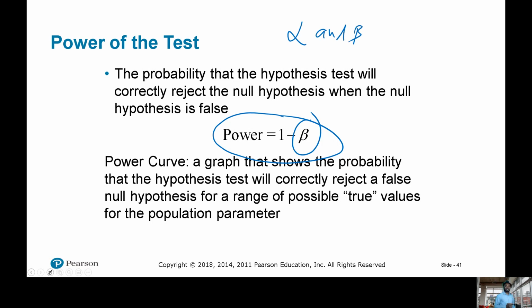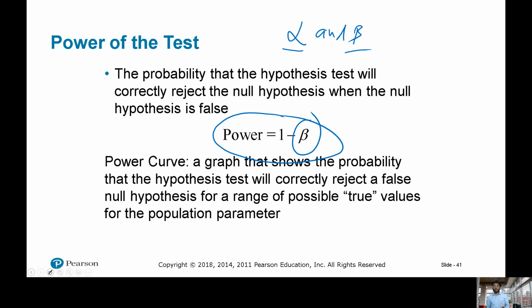Now, hypothesis testing is subject to error. So there are two possible errors, as we've seen. You can commit a type 1 error, or you can commit a type 2 error. So there are adverse consequences associated with each type of error. And we want to ensure that we minimize committing any error.